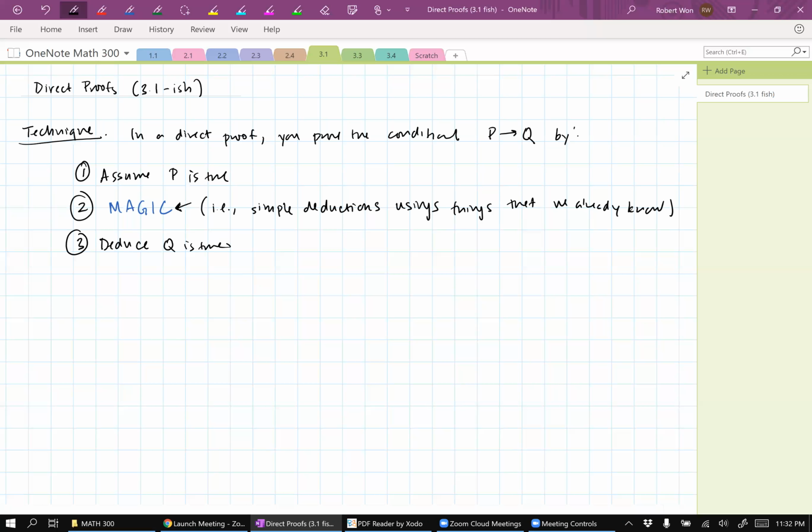Okay, which brings up an important point, which is that in order to prove any statement in mathematics or in general, you have to start with some things that you already know are true in order to do the magic. Right? So in order to prove anything, we must start with things we know are true.